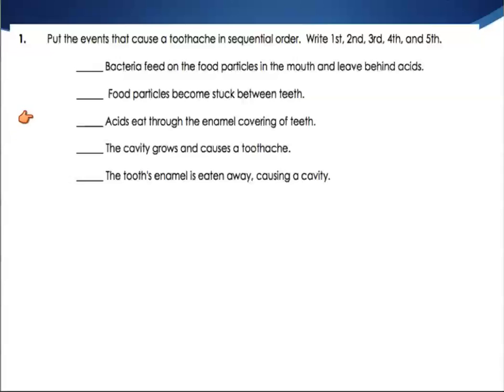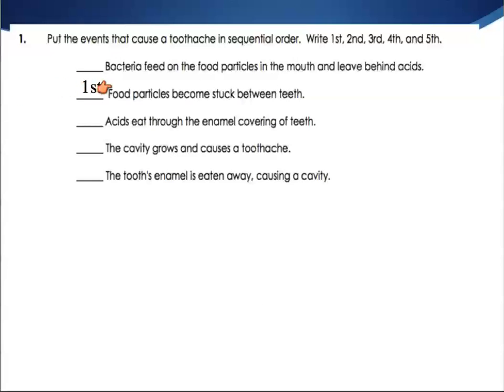But if you look carefully, what's the thing that happens first? Go ahead and pause if you need more time. What would be the first thing to happen? If you said food particles become stuck between teeth, you are right. That is the first thing that happens.